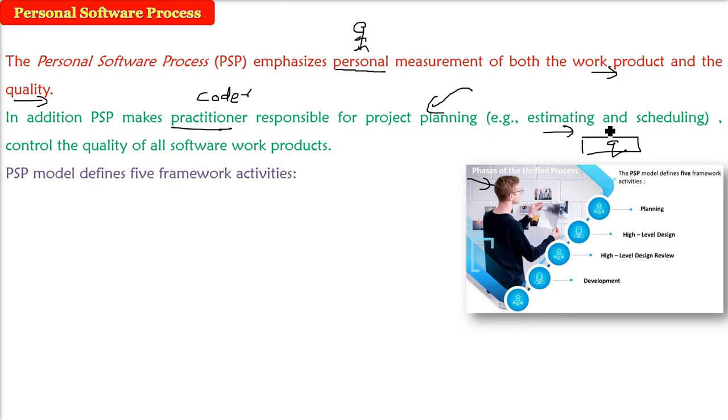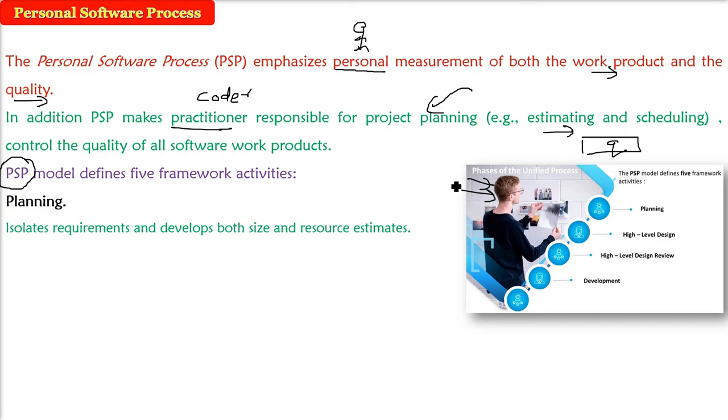Please remember, PSP defines 5 framework activities. So for an individual, what are the phases of the PSP model? It defines 5 framework activities. The first one is planning. Planning is all about isolating the requirement, or knowing the requirement.